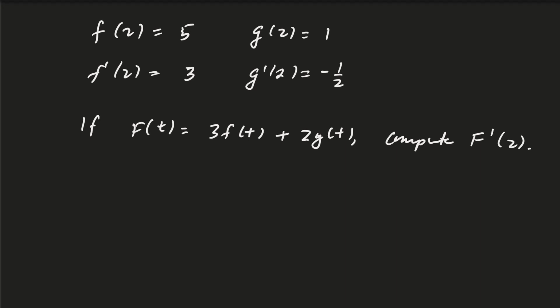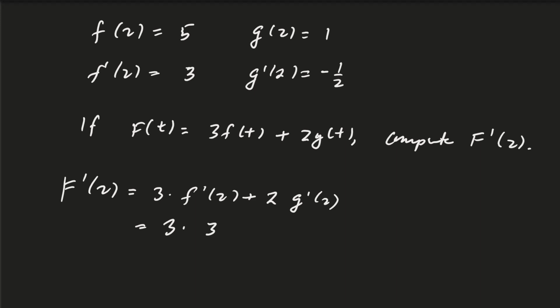So F prime of 2 would be 3 times little f prime of 2 plus 2 times little g prime of 2. Those values are already listed there, so that's 3 times 3, plus 2 times minus 1/2. Good. So therefore we have 9 minus 1 equals 8.